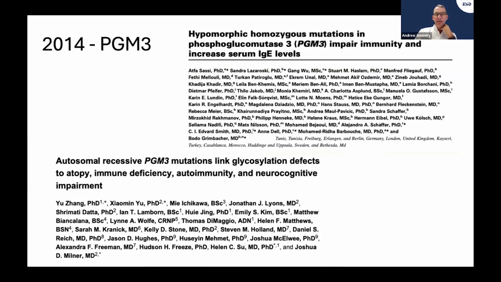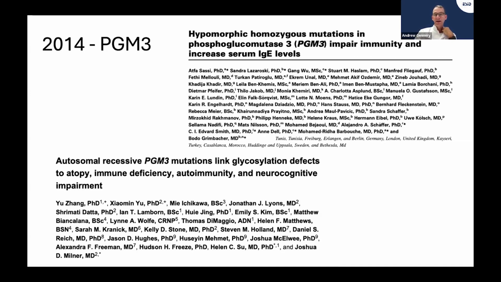Then in 2014, biallelic mutations in PGM3 were identified. So they were identified in Northern African patients. And here again, at the very same time, my group and the group from Josh Milner and people from the NIH analyzed by genetic linkage analysis families with hyper IgE phenotypes and found that this glycosylation process is impaired.